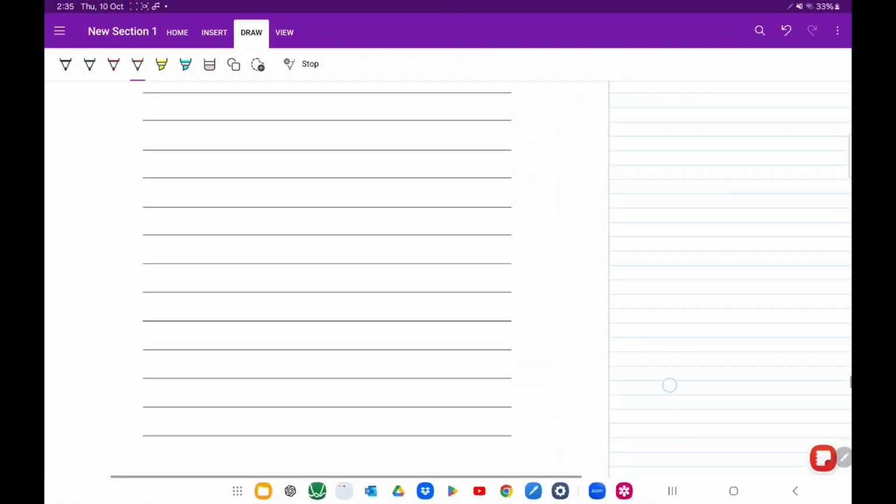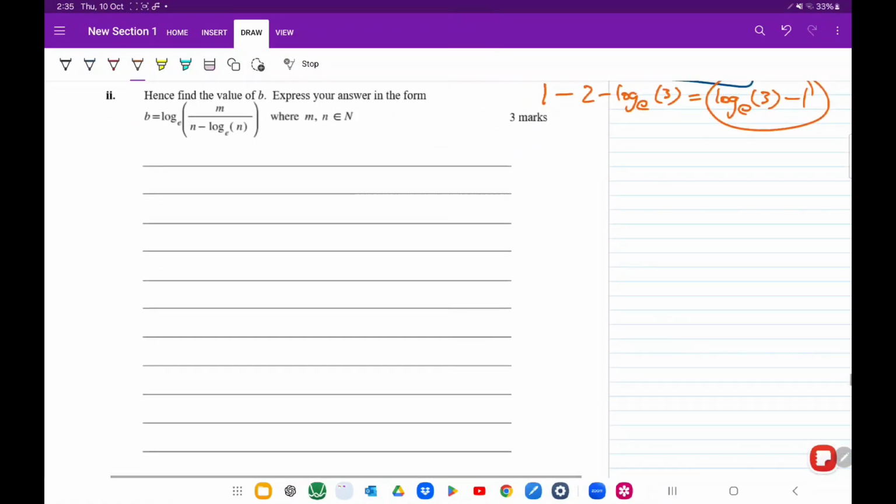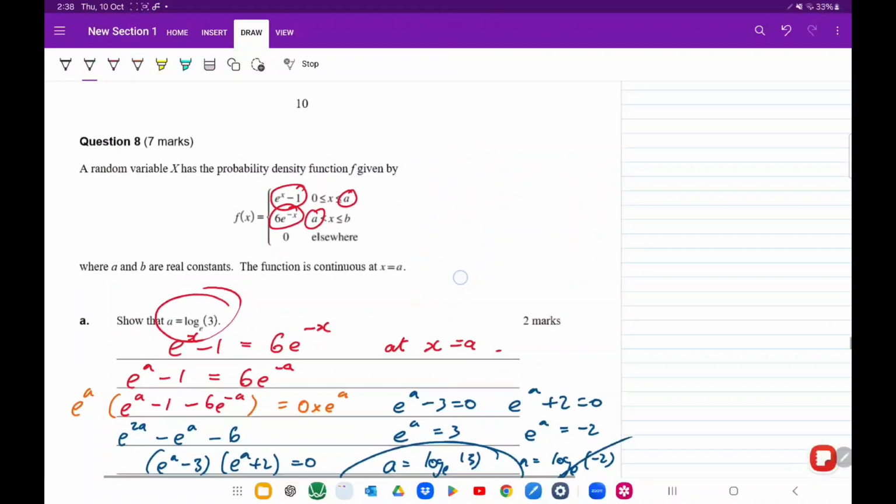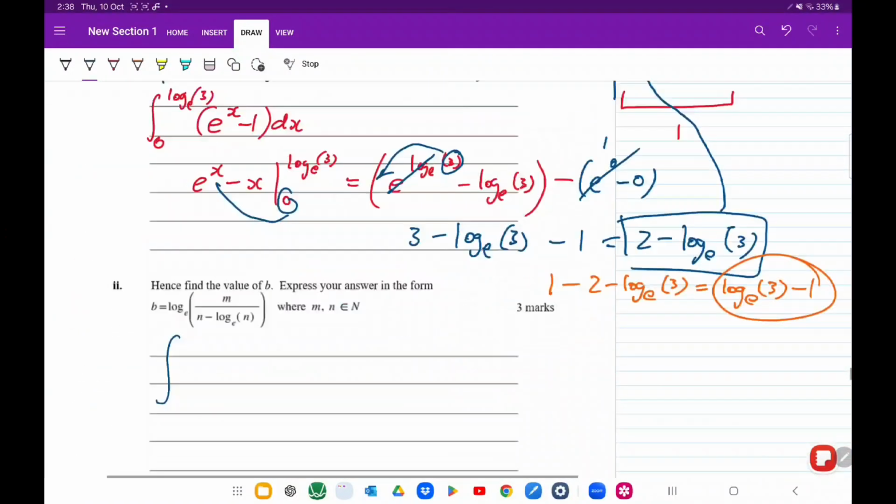Now, this next question here: Hence, find the value of b. Let's do this. To find the value of b, let's understand, it is the endpoint. So we want to find the endpoint.